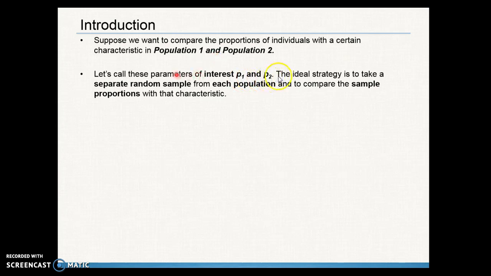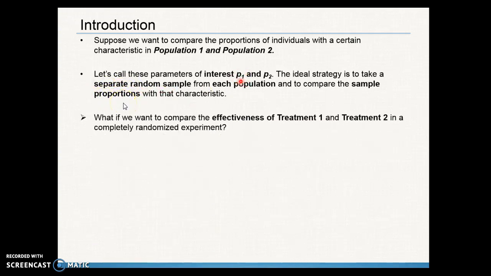Our ideal strategy is to take separate random samples from each population. So I'm going to take a simple random sample from population 1, and a simple random sample from population 2. It's like having two bins and taking a simple random sample from each bin. And then I'm going to compare the sample proportions with that characteristic.